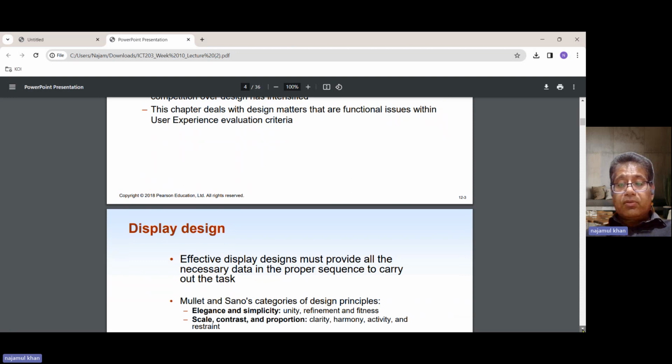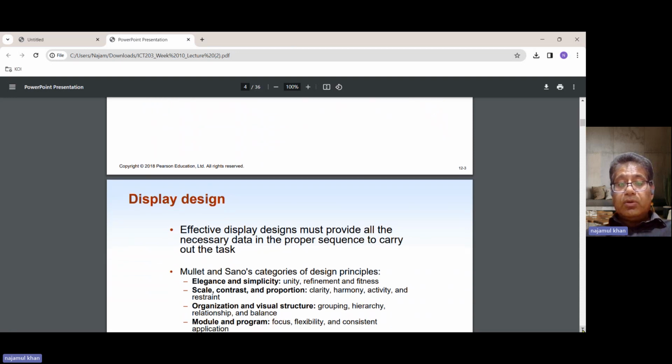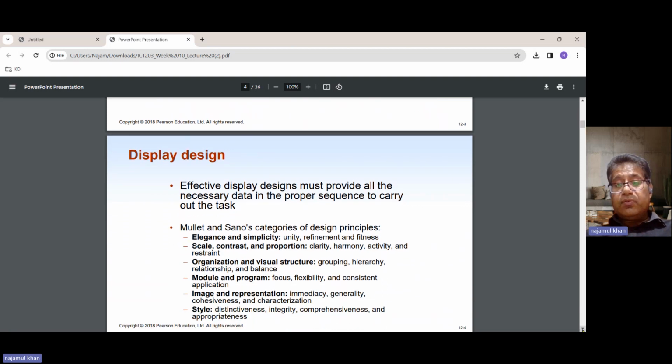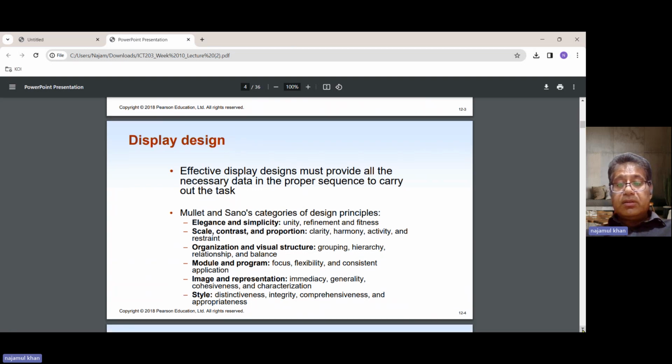So we have one question that is asking you about quality of design, especially design display. You can see this information can be very useful for your website design, as you are going to develop a website this week. You need to cover important characteristics. These features are that your website design principles should be simple: elegance and simplicity, unity, refinement.